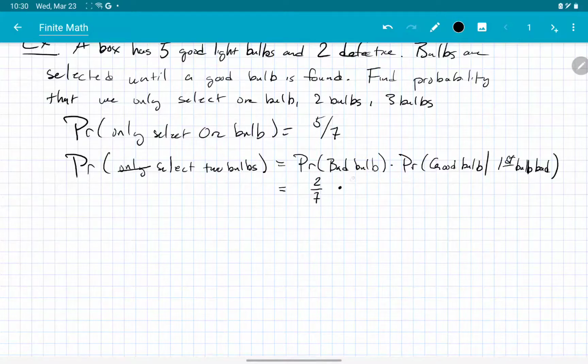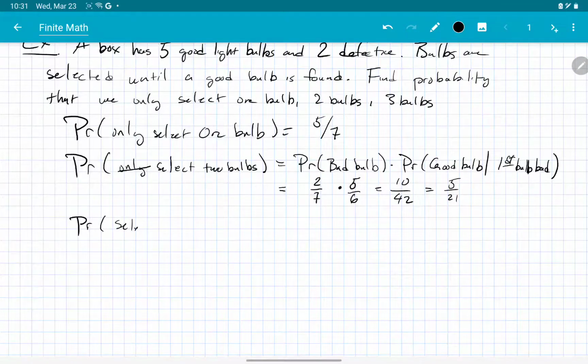Oh, you all have 5 fingers. You're right. It's 5. Okay. Now, how many bulbs are left in the box? 6. There's only 6 left. So this is what we have to do to calculate this. So this is going to be 10 over 42. This is equal to 5 over 21.